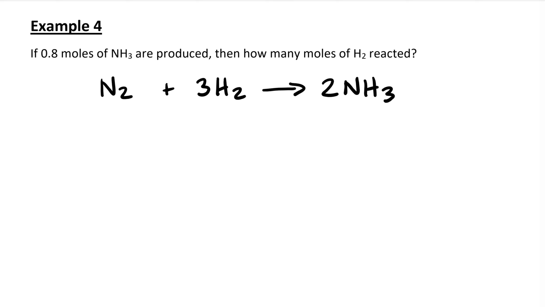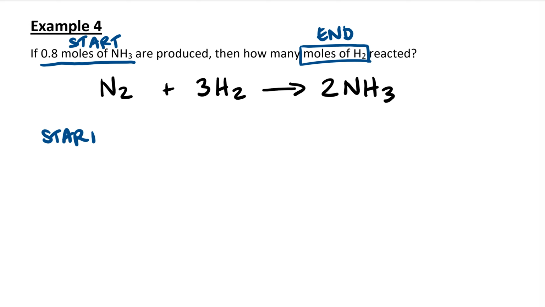We're going to identify the start, which is always a given number. It's 0.8 moles of NH3 for this problem. Identify the end. What are we trying to solve for? We're trying to solve for moles of hydrogen. So take your start, please, and rewrite it here in our dimensional analysis.